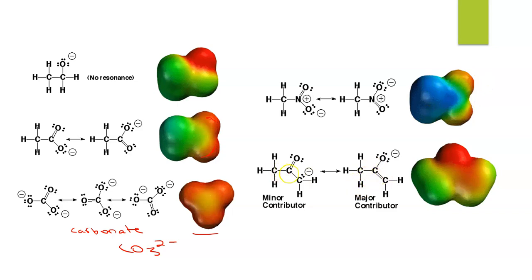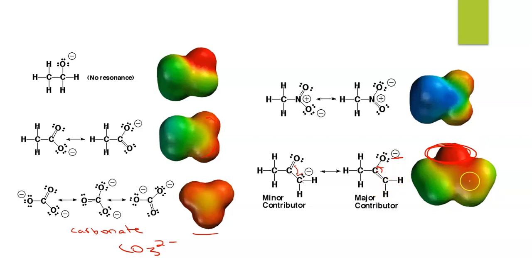When we look at this structure here, where we have a ketone and a negative charge, we're able to move the electrons this way or move the electrons that way. However, we are seeing the significant region around here with the more negative in the center. This, if we work out formal charges, would be the major contributor to the resonance hybrid.